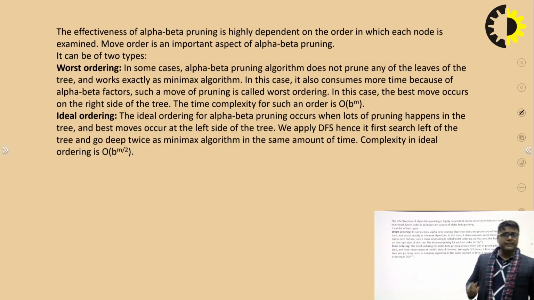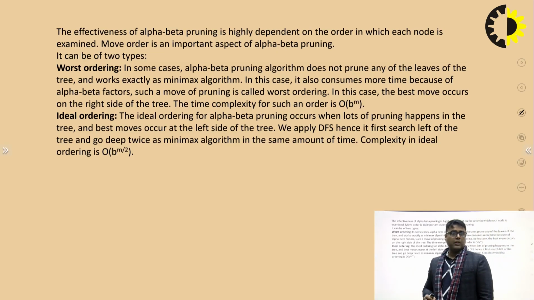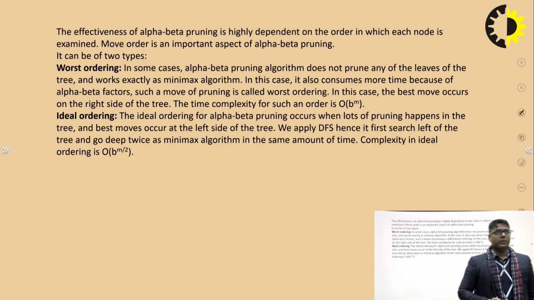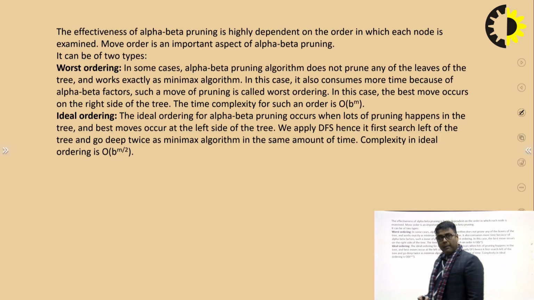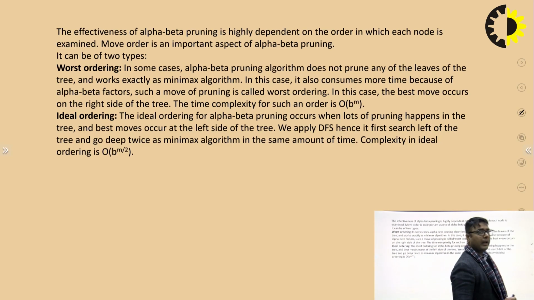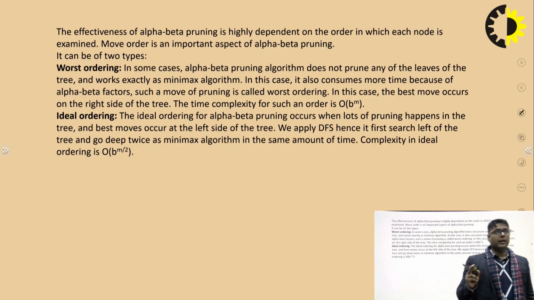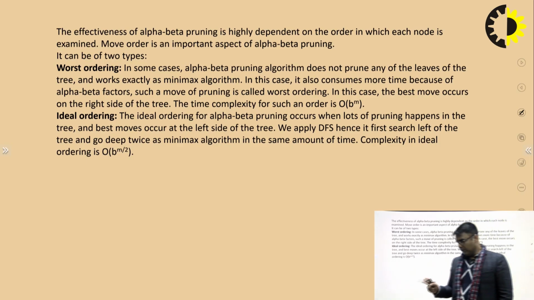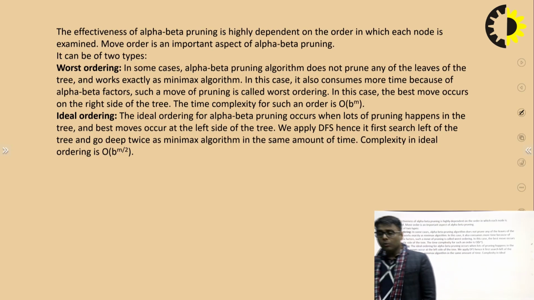In this case, the best moves occur on the right side of the tree. The time complexity for such an order is O(b to the power m). It is the time complexity in the worst case of the alpha beta pruning, when no nodes are pruned.